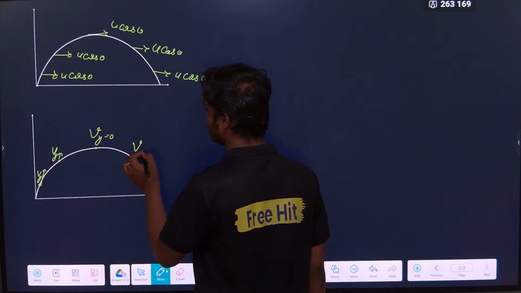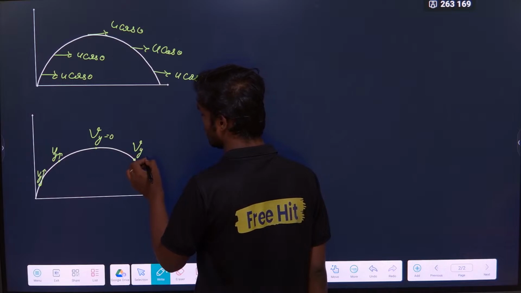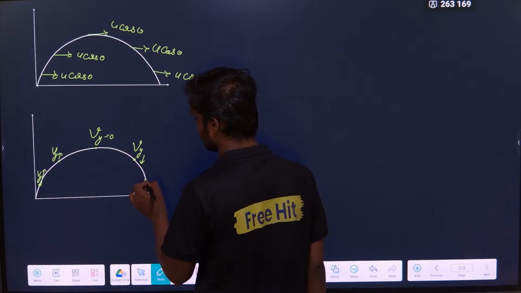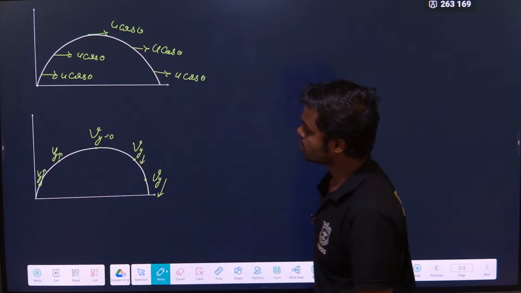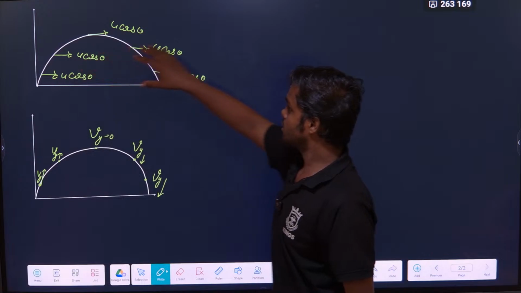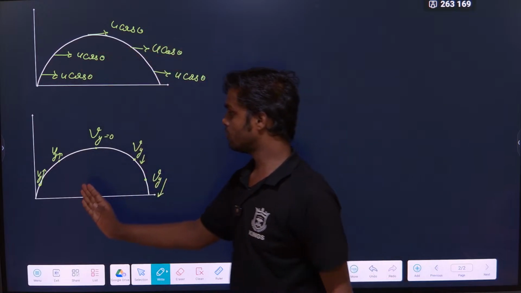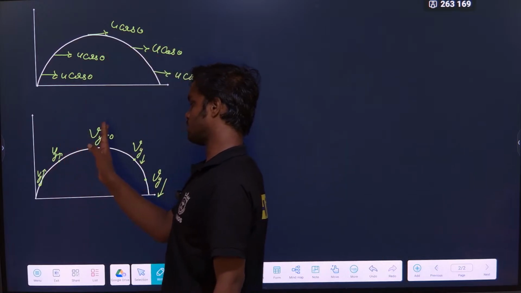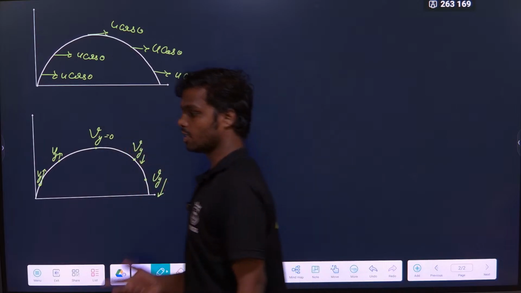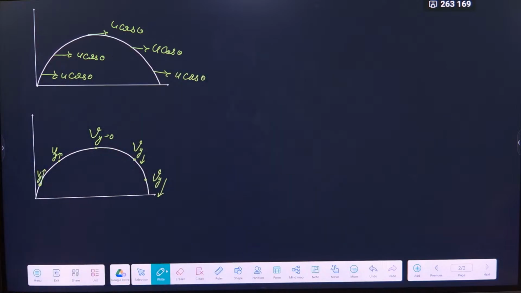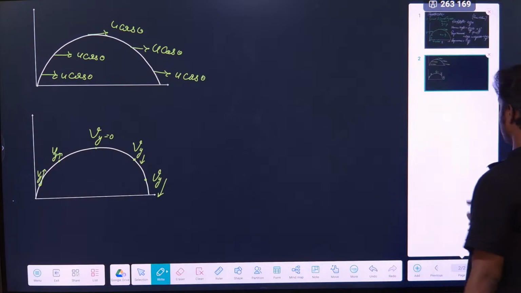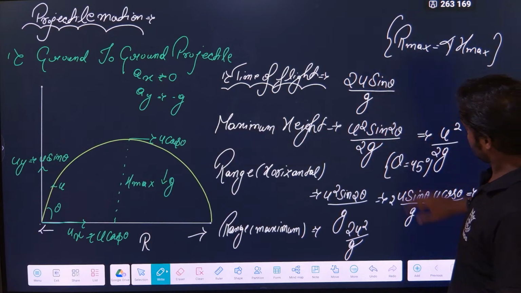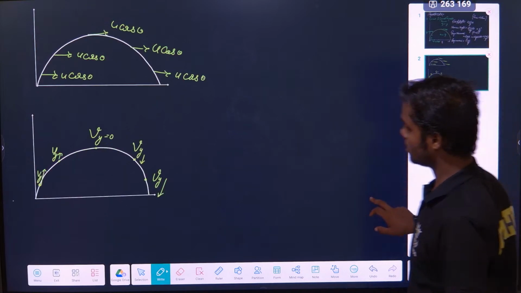After this point vy starts increasing, and at this point vy will again increase. So my horizontal velocity remains the same, but my vertical velocity first decreases, then becomes 0, then starts increasing. That is the scenario which is going on. Clear? Are you getting the point? This is an important thing you have to analyze from here to here.